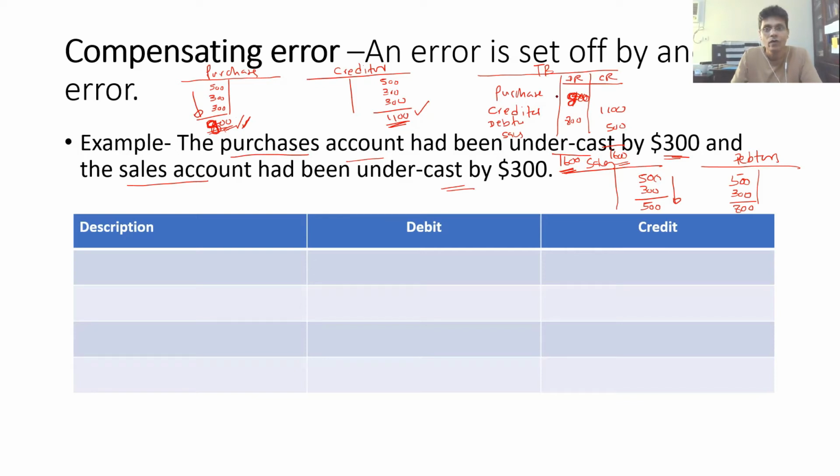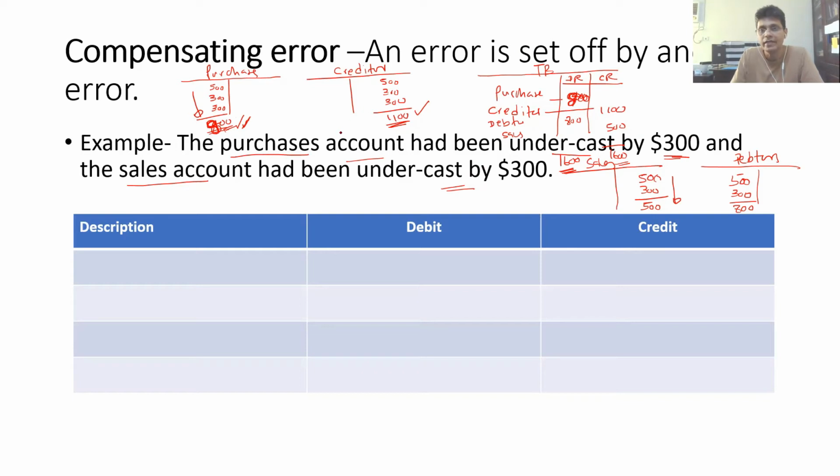So therefore, the purchaser's account is 800, whereas creditor's account is 1100. And he has made a similar error in the sales account. Instead of taking the sales balance as 800, he has taken it as how much? 500. And the debtors account he has taken correctly.